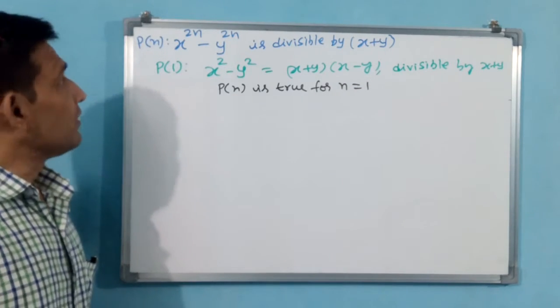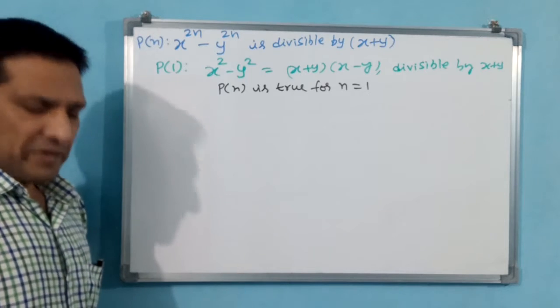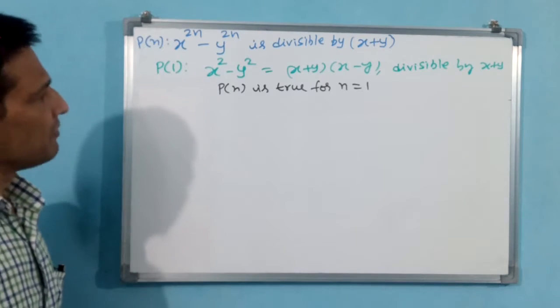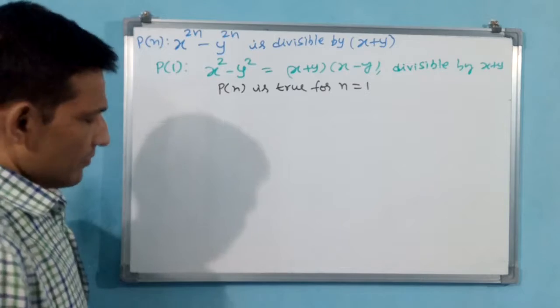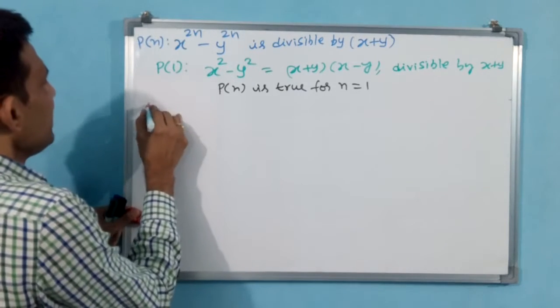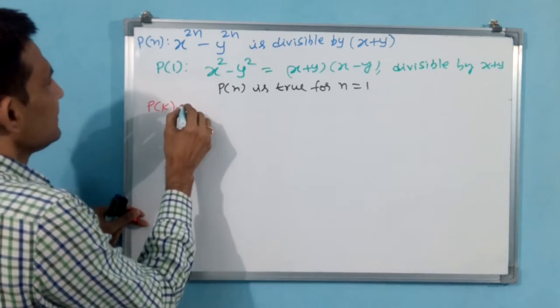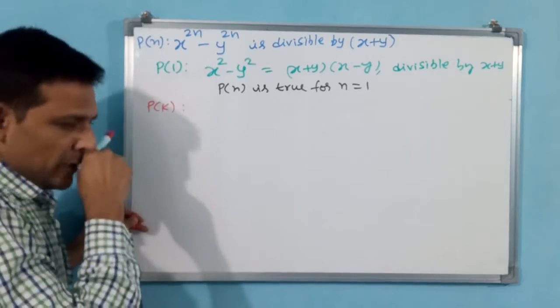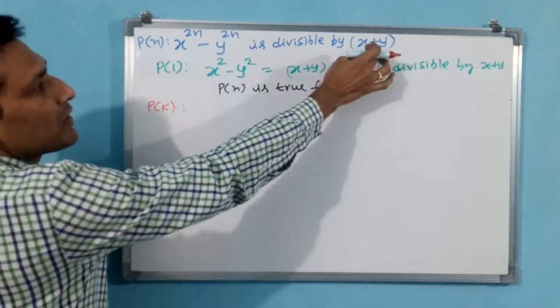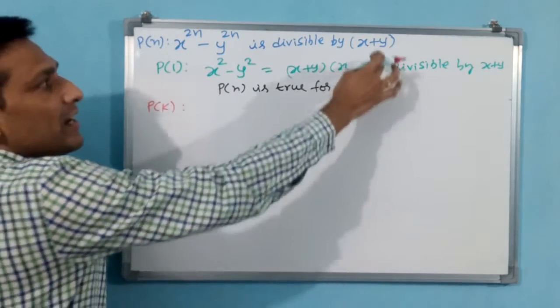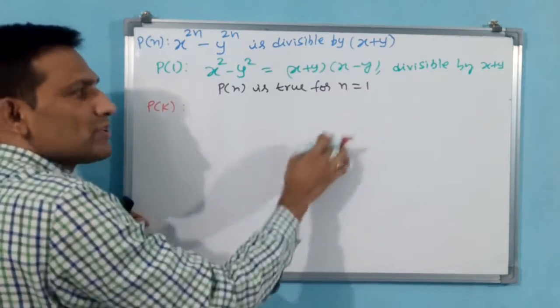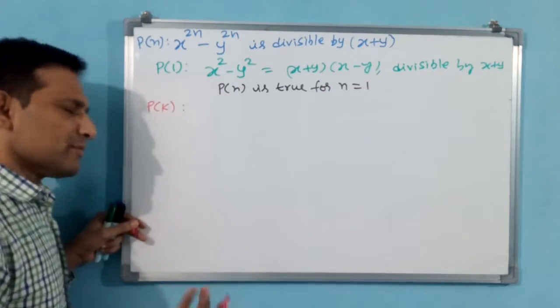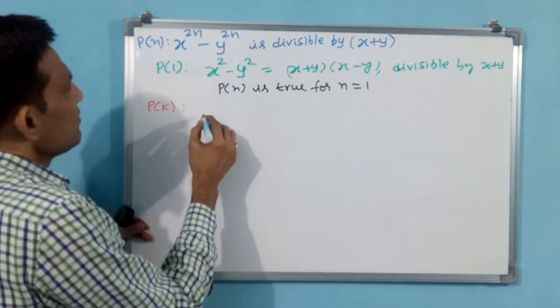Now let us go for P of k. P of k colon. Now here something we have to write. Now x plus y into d. 11 means 11d, 2 means 2d. Same we have to repeat. Write down P of k.